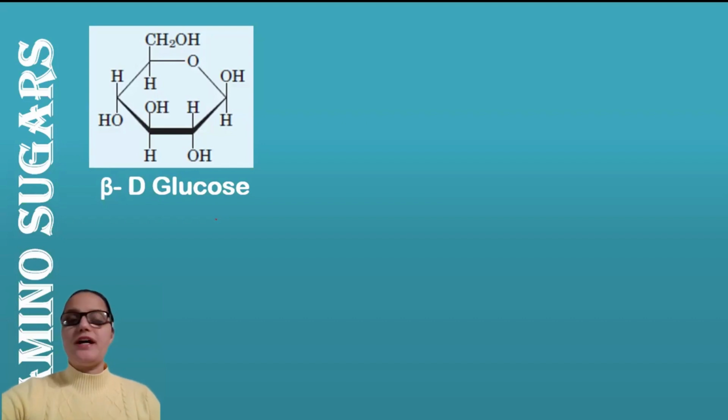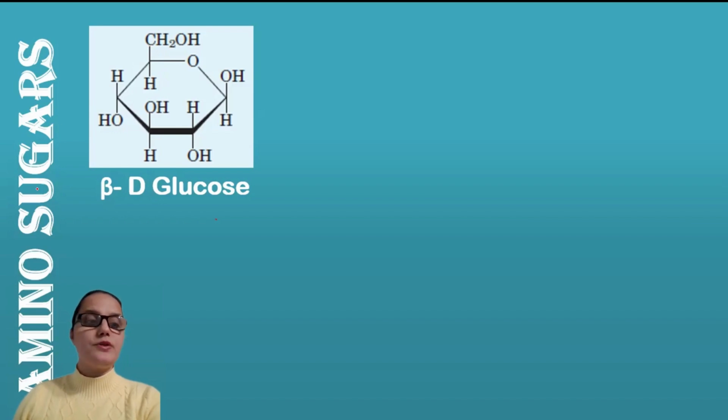If we take this, you can see the general structure: at each of the carbons, there is one hydroxyl and one hydrogen associated with it, apart from this carbon number 5, where it has lost its hydroxyl group and it is associated with the hydrogen and the carbon number 6.